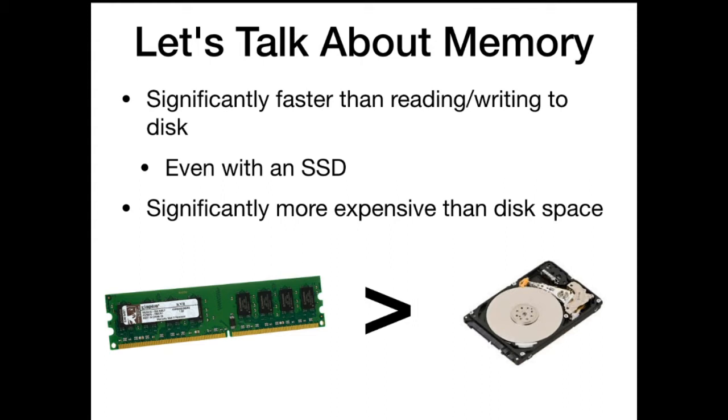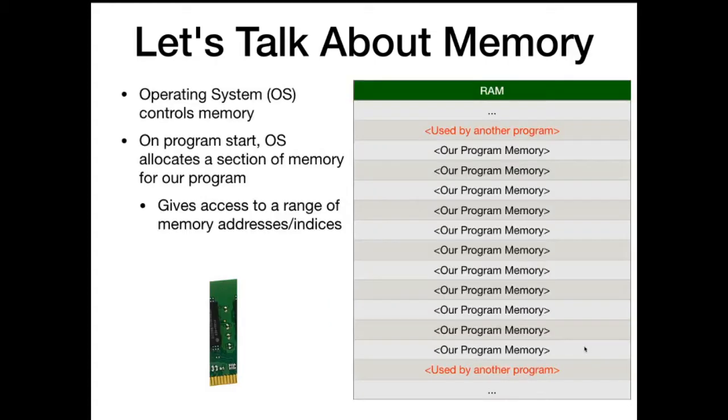Reading that file that many times, of that large a file, is prohibitively slow. Even with an SSD, SSDs are still much, much slower than RAM. The downside is RAM is a lot more expensive. If you want 16 gigs of RAM, it's going to cost you more than that terabyte hard drive, typically.